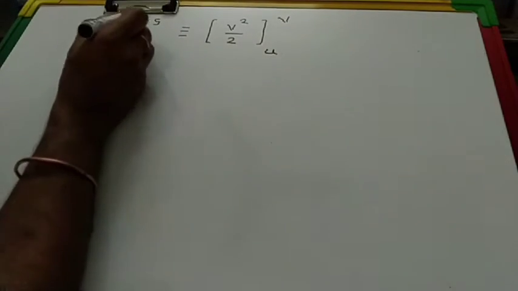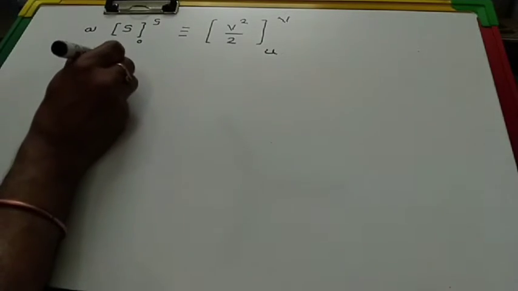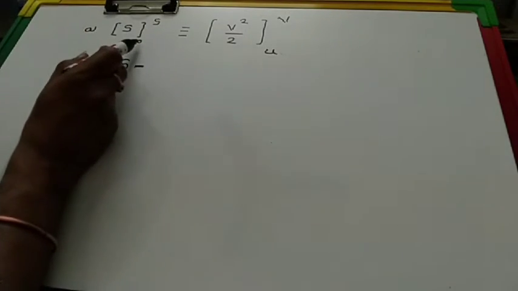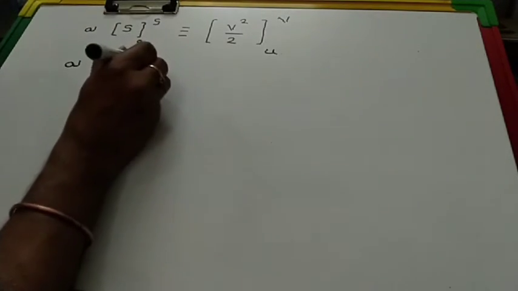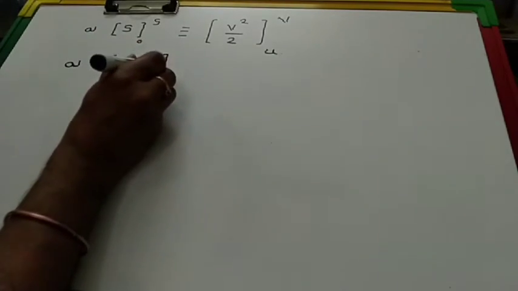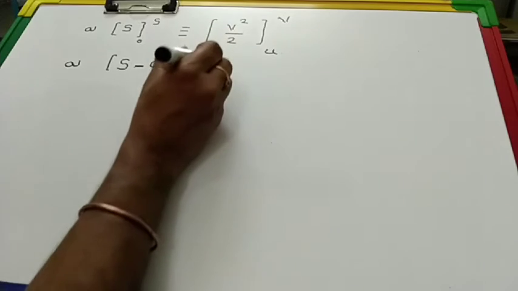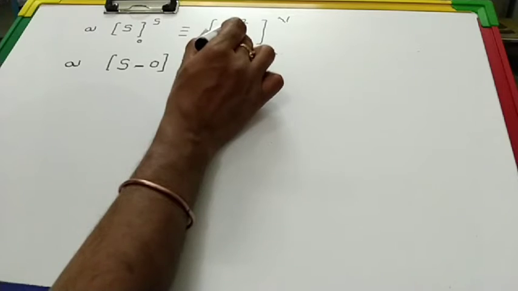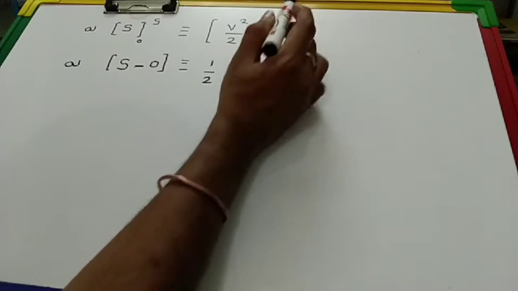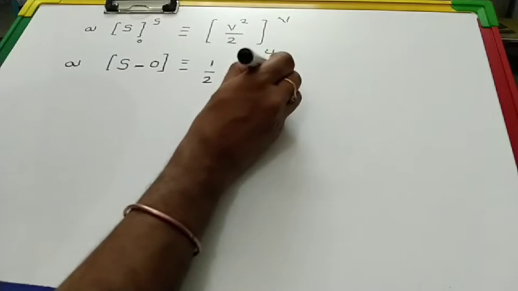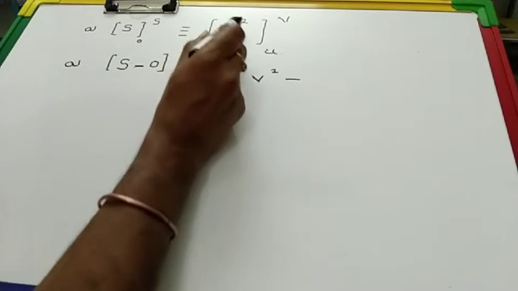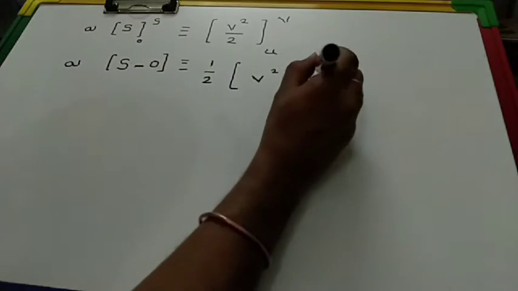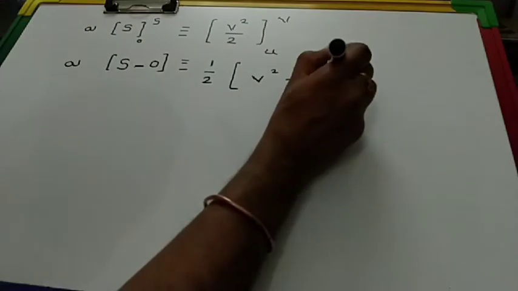Whereas for s, substitute the upper limit s, minus, in the place of s substitute 0. That is equal to 1 by 2, because it is a constant, into v square, the upper limit, minus u square, substituting u in the place of v.